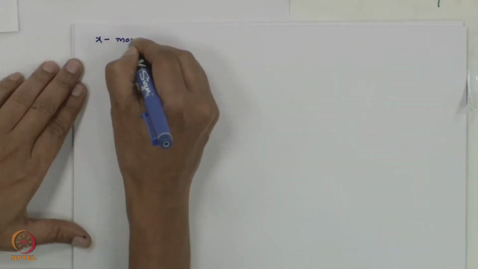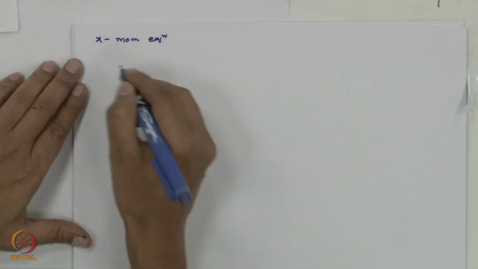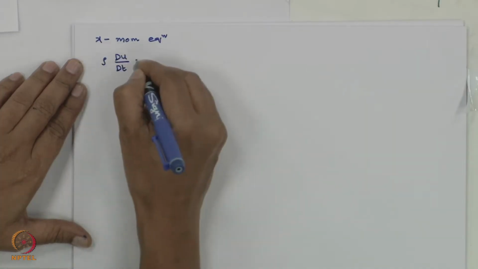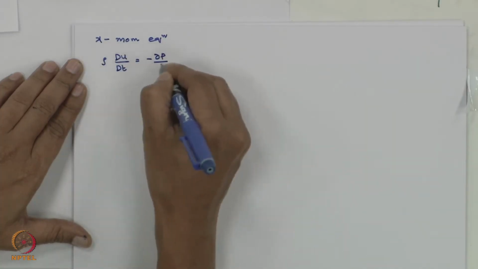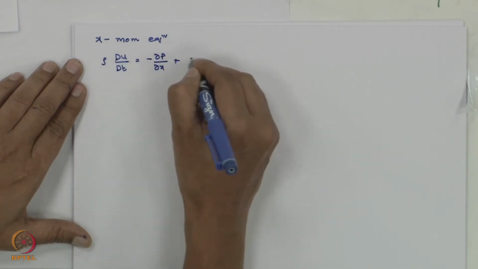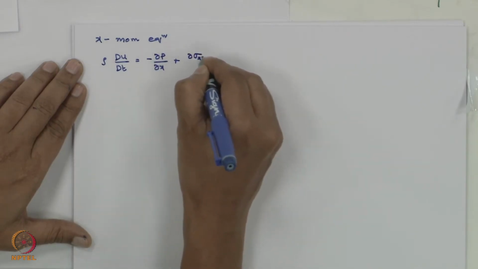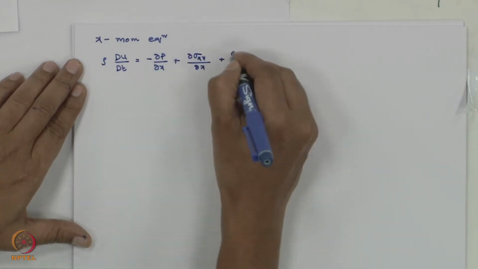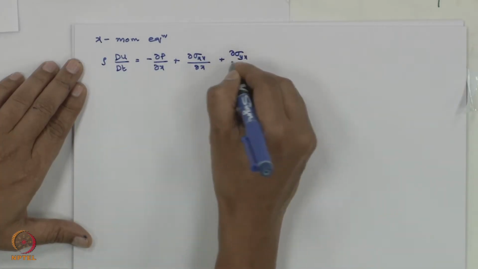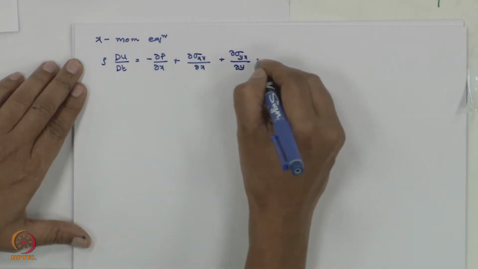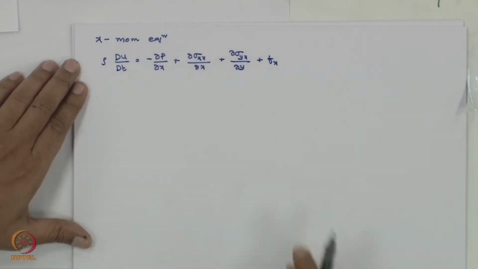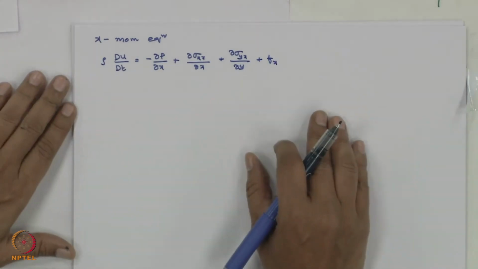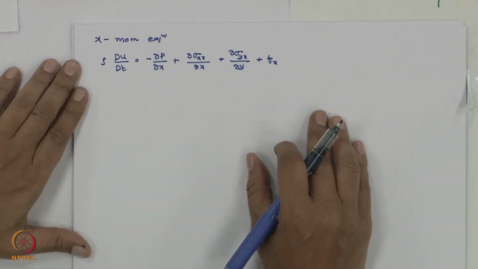I write the x momentum equation: rho du by dt is equal to minus del p by del x plus del sigma xx by del x plus del sigma yx by del y plus fx. I am taking the momentum equation which was written in the Cauchy form, Cauchy's equation.